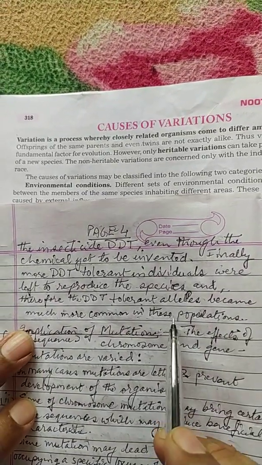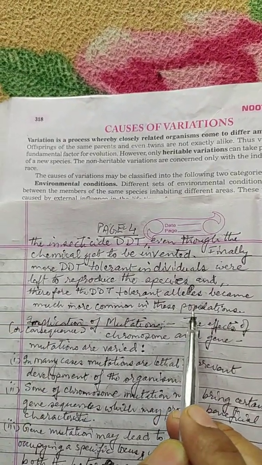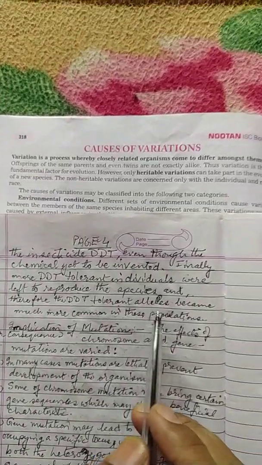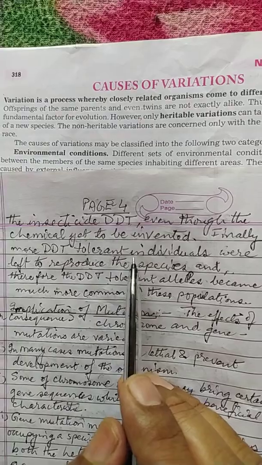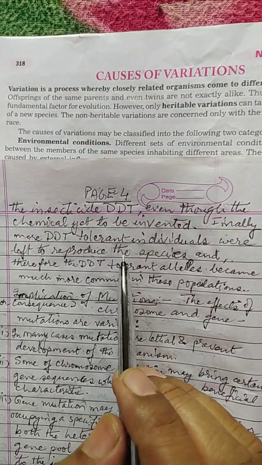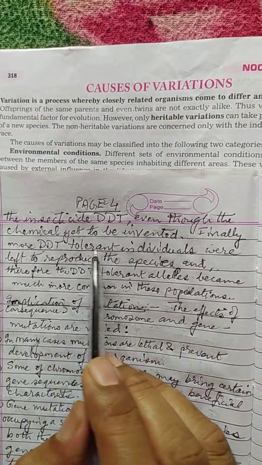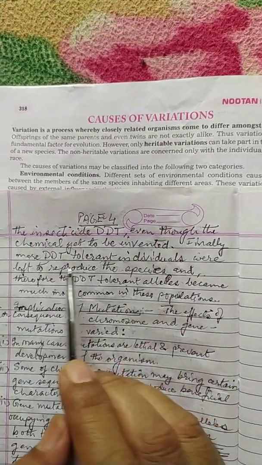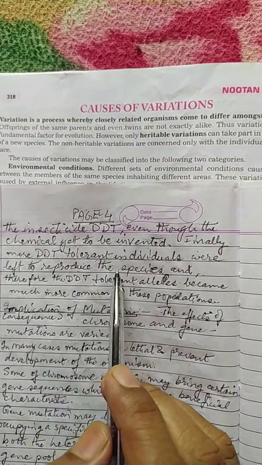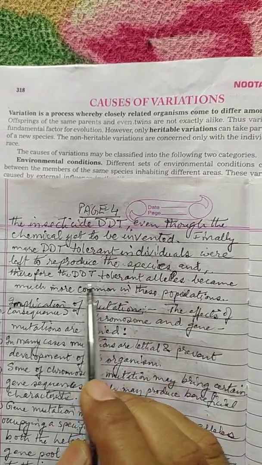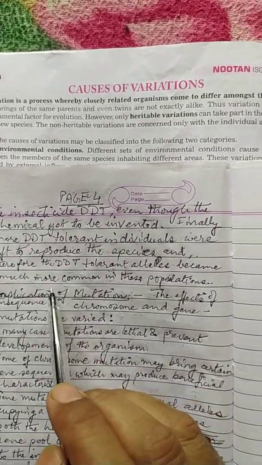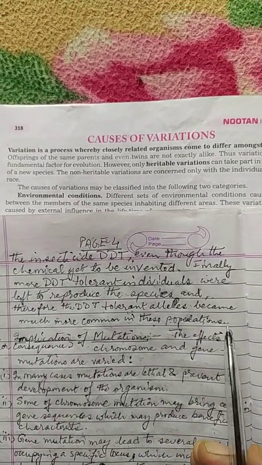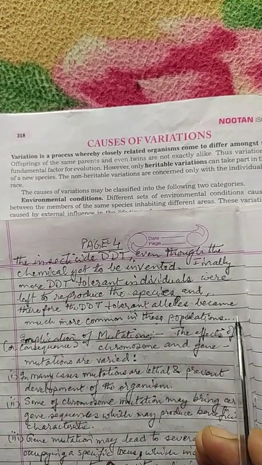So those individuals who could not tolerate the DDT died. But those individuals who had a specific DDT-tolerant allele got an opportunity to reproduce, and therefore the DDT-tolerant alleles became much more common in the populations of certain insects, for example mosquitoes.